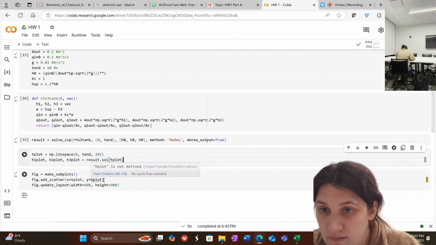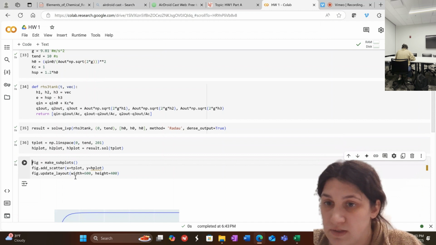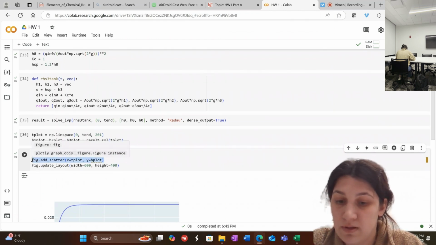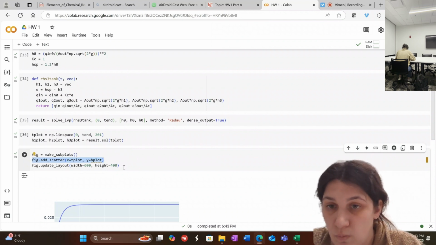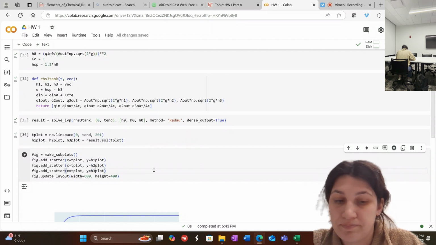Same thing, we have scatter plots, but we want 3 of them, not just 1. Add 2 more. Change these to h1 plot, h2 plot, and h3 plot.